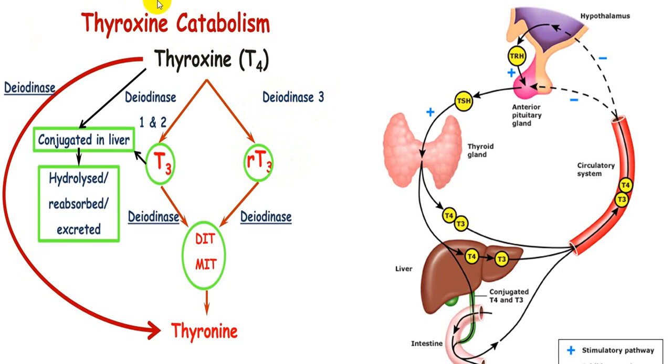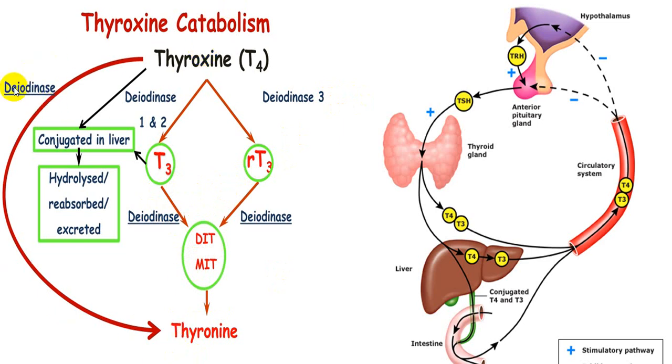So this is what we call metabolism. It is metabolized by deiodinase 1 and 2 into T3 and by deiodinase 3 into reverse T3, and then finally again it is converted to DIT and MIT, which are thyronine.